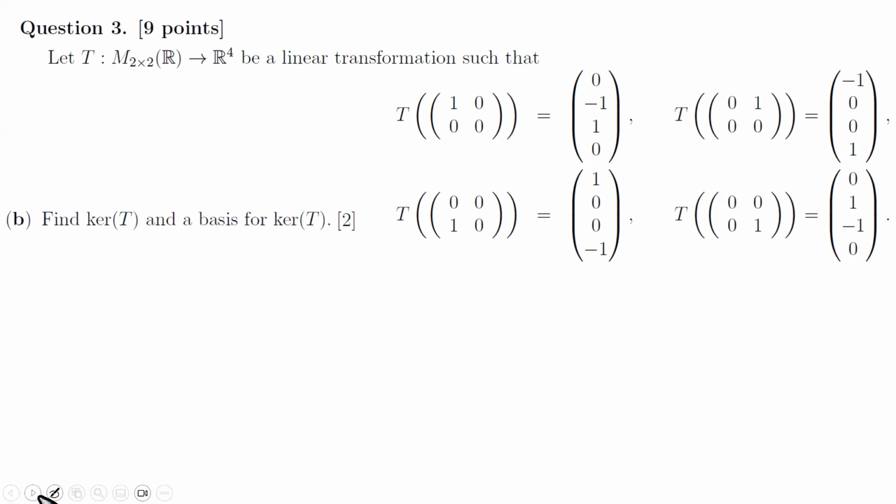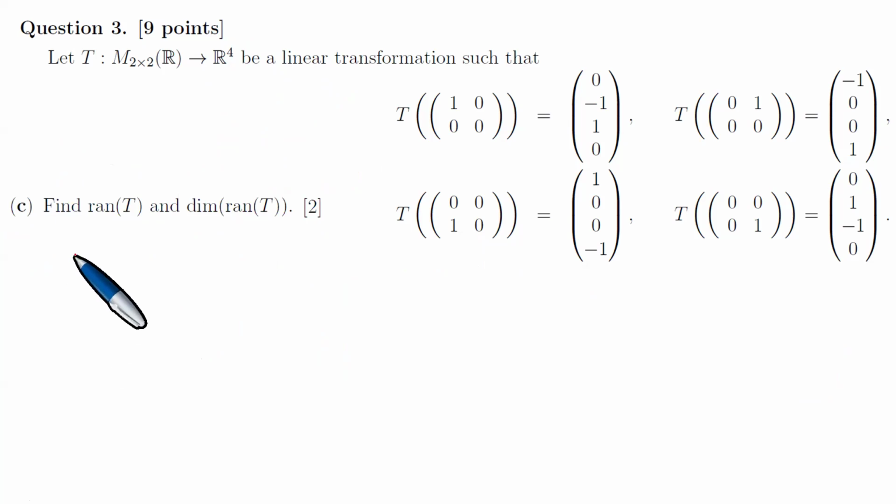The next question is very interesting and very nice. Find the range of T and the dimension for the range. Like we found the kernel and a basis for the kernel, we could therefore speak of the dimension of the kernel, but they did not ask us. The dimension of the kernel is the number of members of the basis.